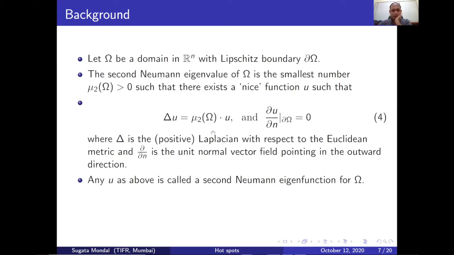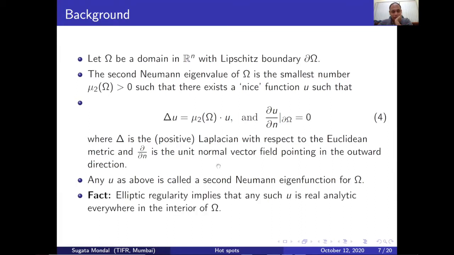The space could be multidimensional. Okay, one other thing that I would like to mention is that elliptic regularity implies that this function u is in fact real analytic everywhere in the interior of this domain omega. That's basically because the Laplacian that we're considering has constant coefficients.